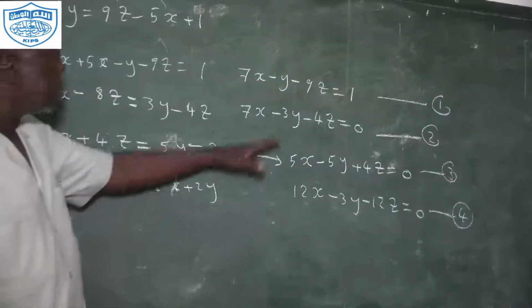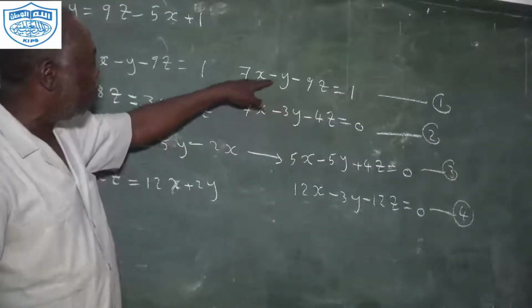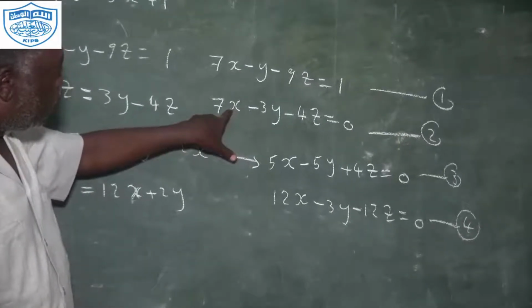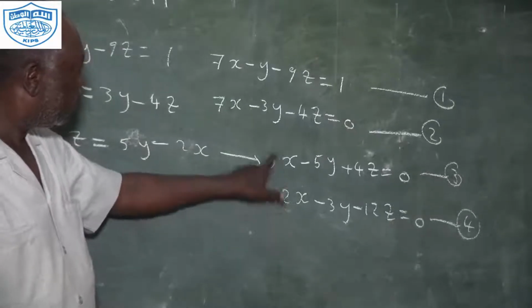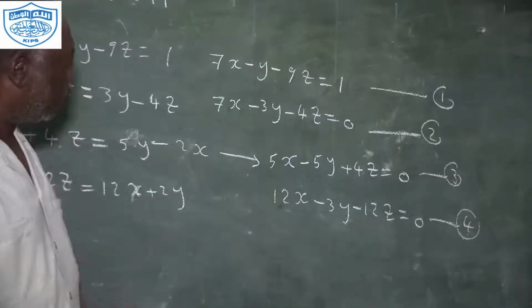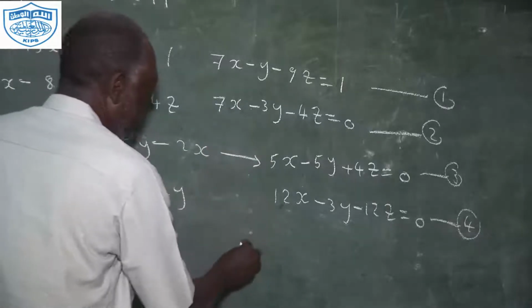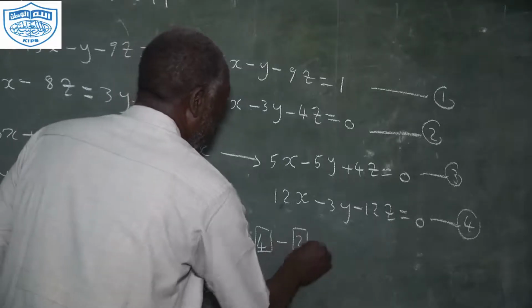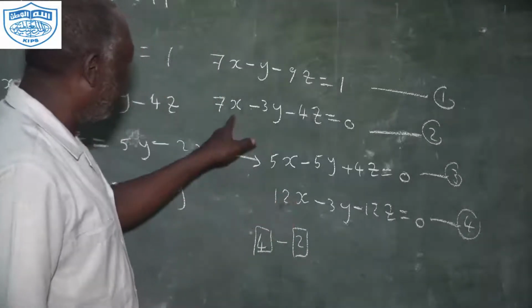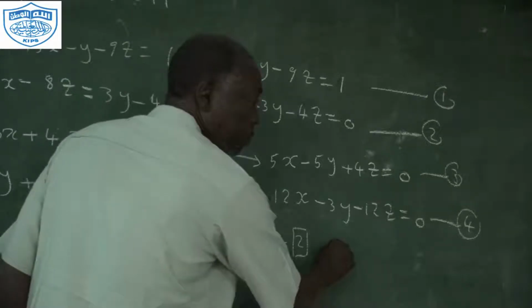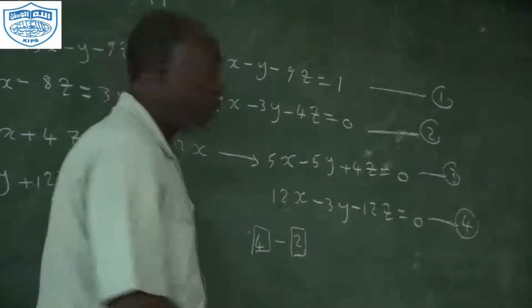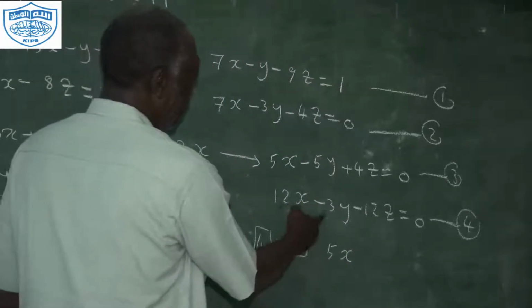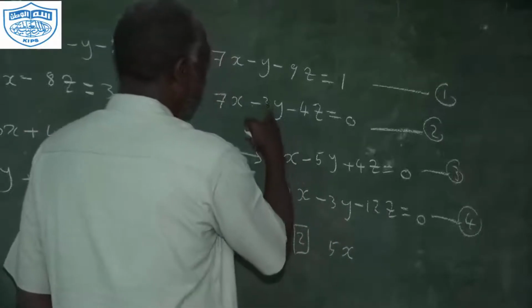How? You have to eliminate y. If I want to eliminate y here, I take equation number 4 minus equation number 2. 12x minus 7x equals 5x.